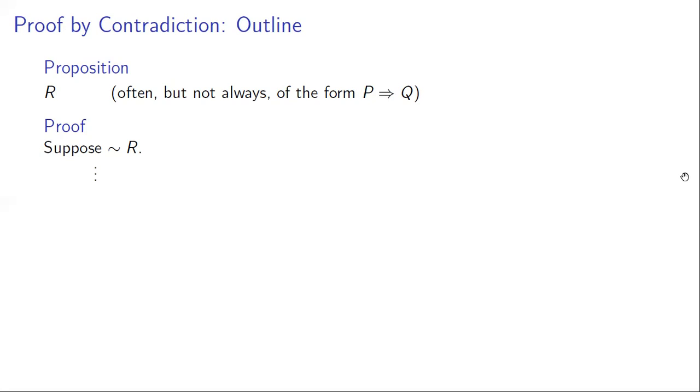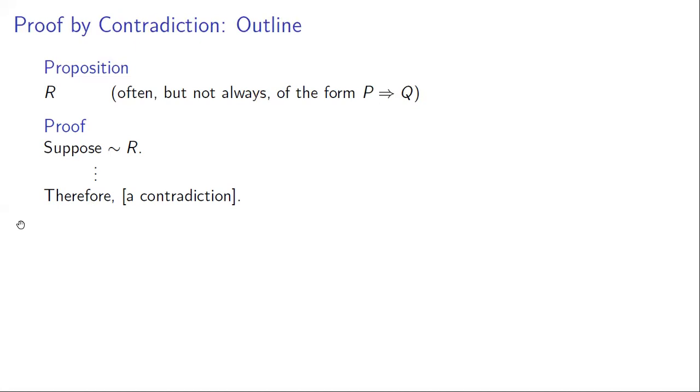We have to do a lot of work here, and our ultimate goal is to show a contradiction. Our goal is to show that by supposing not R, in other words, by supposing that the proposition is false, we get a contradiction, and that's the proof.